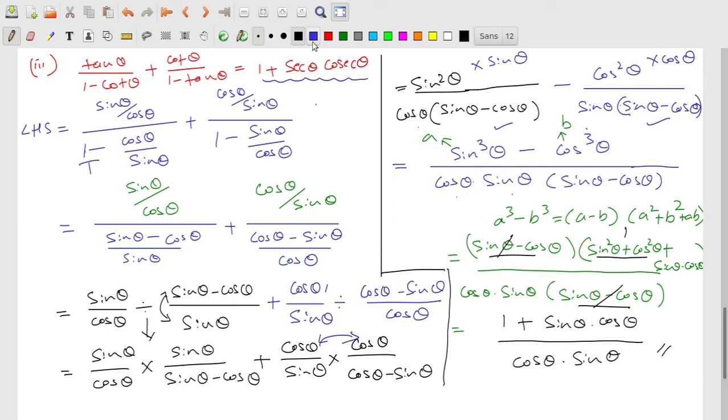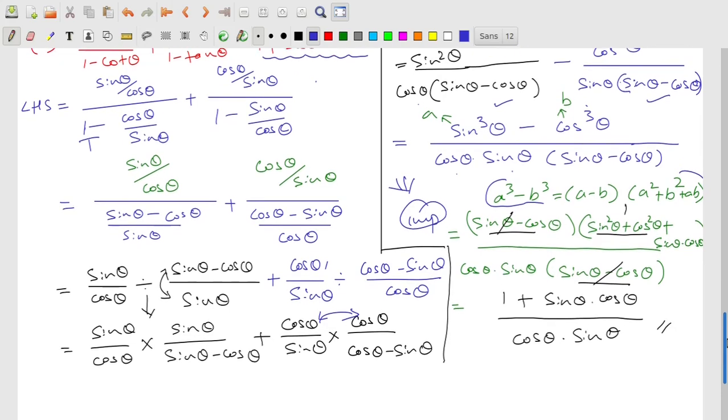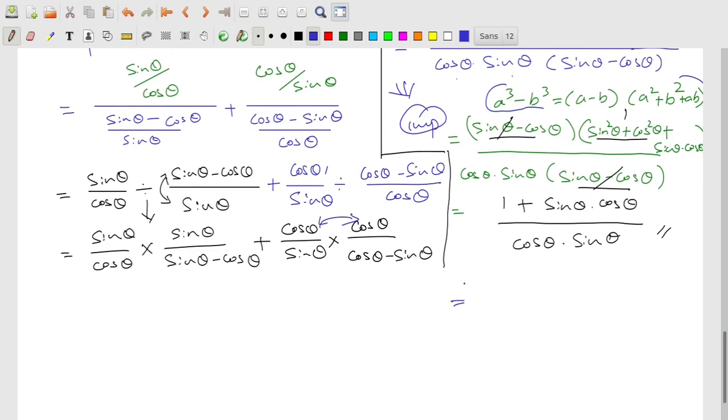This particular step is important, getting this from this step. Just concentrate on these two steps, right? After this, see here, 1 plus sine theta cos theta. You know this one, right? 1 plus x divided by xy, what will we get?